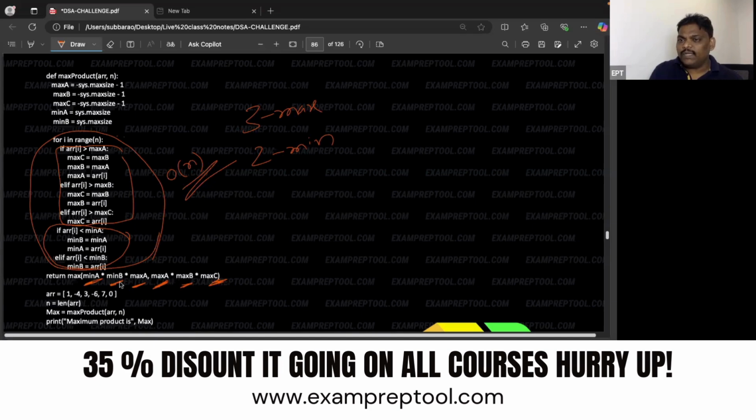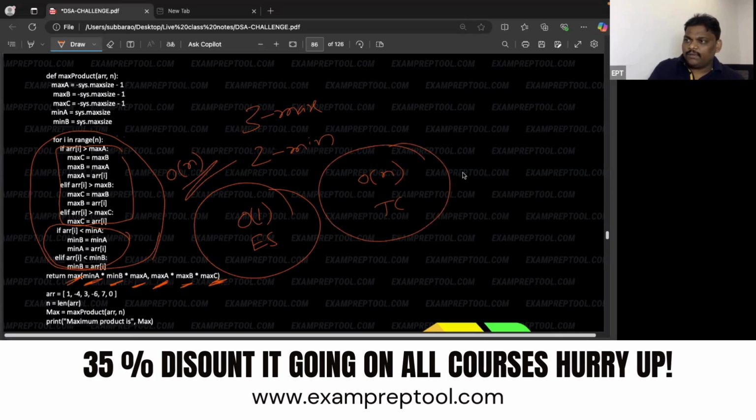Out of these two options, whichever is better will be the answer. Because of only one loop, order of n time. What is the extra space? You are taking only constant extra space, so order of 1 space complexity. Order of n time complexity in every case. This is the best algorithm.